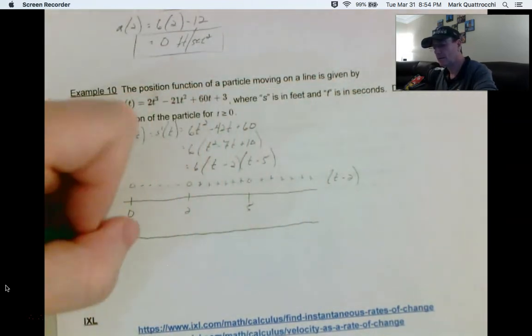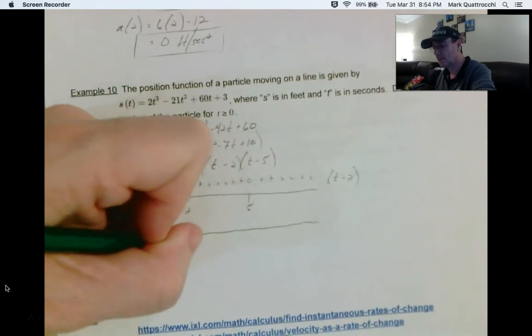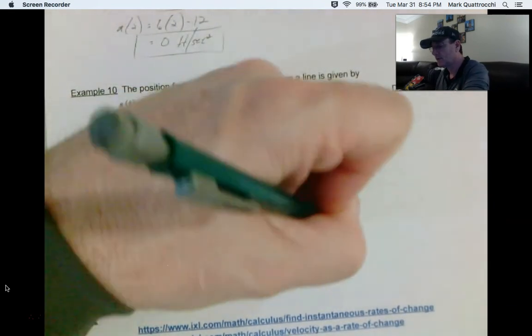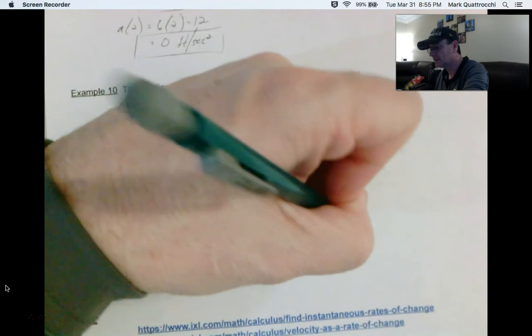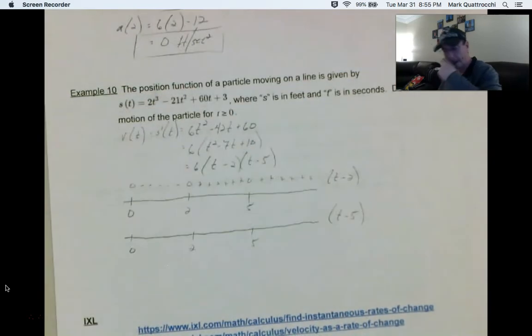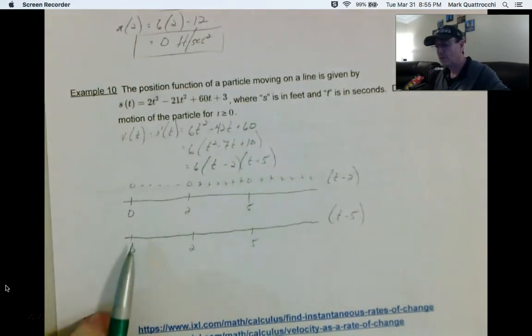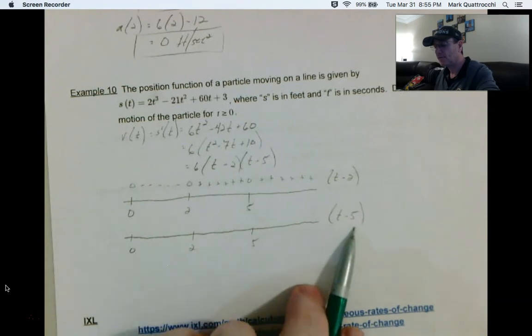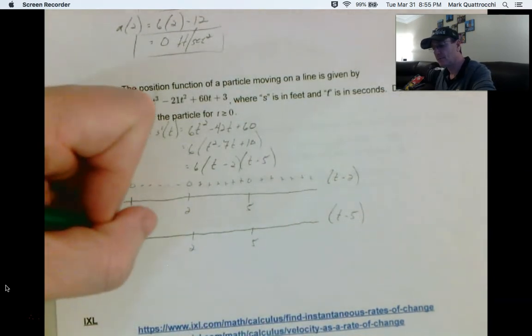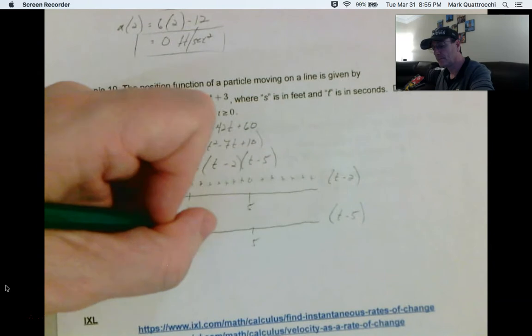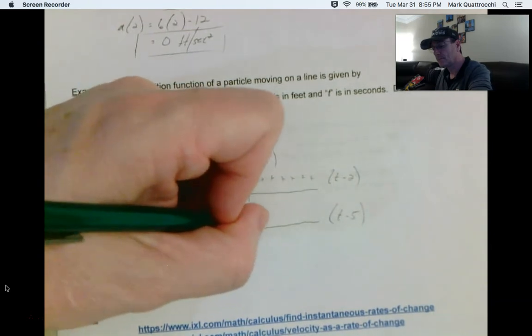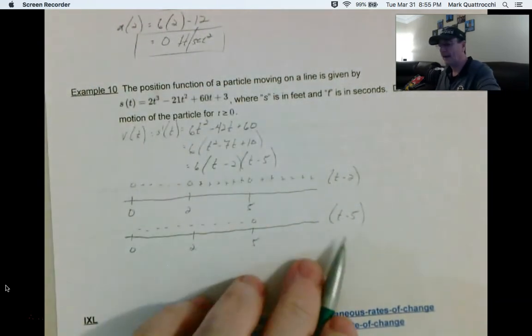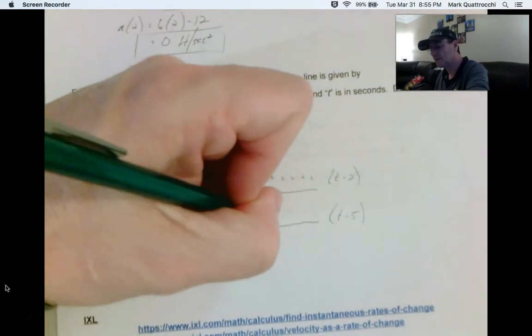What about 0, 2, 5? What about the sign of t minus 5? Between 0 and 5, it's negative. After 5, it's positive.